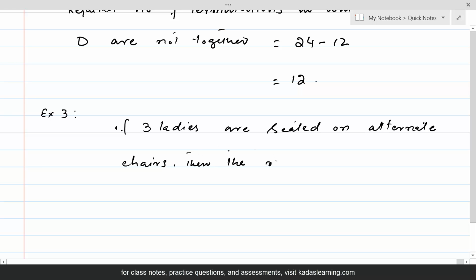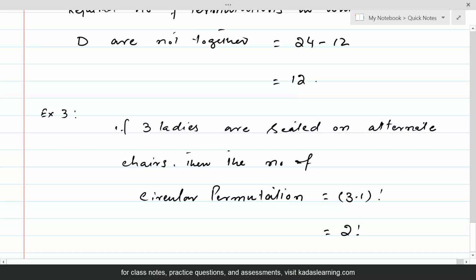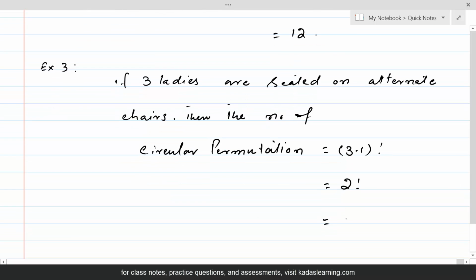If 3 ladies are seated on alternate chairs, then the number of circular permutations is equal to 3 minus 1 factorial, meaning 2 factorial. So there are only 2 ways. But once these 3 ladies are seated, now there is 1 chair in between every 2 ladies.